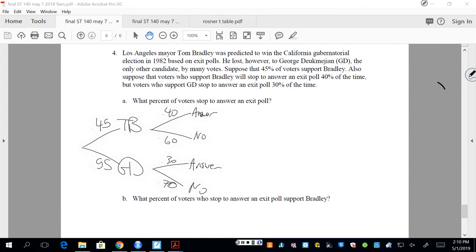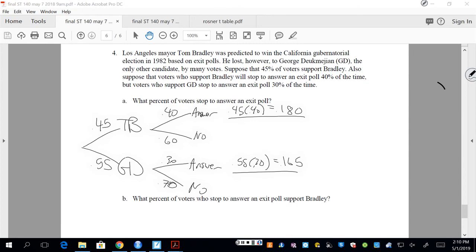So the chance that you're in this row, these are the two places where you actually answer: you take 0.45 times 0.4 there, and then 0.55 times 0.3 there, so that's 0.18, and that's 0.165 there.